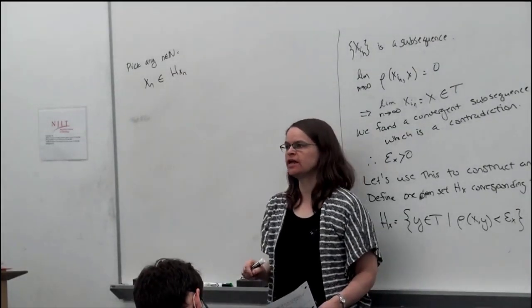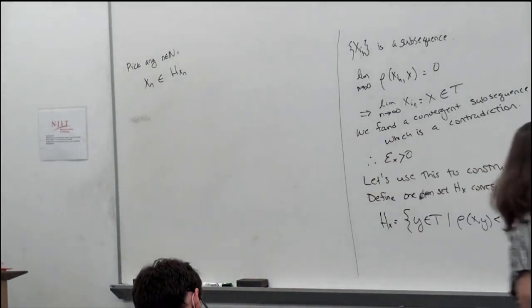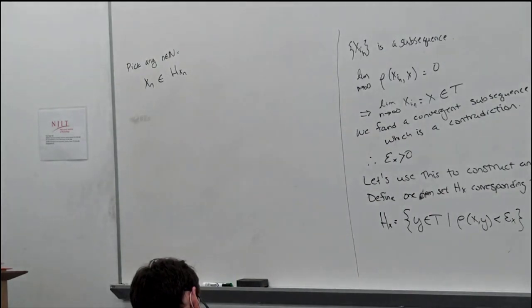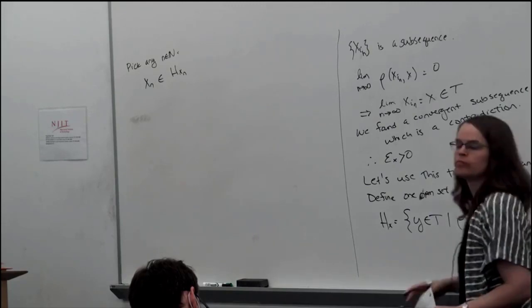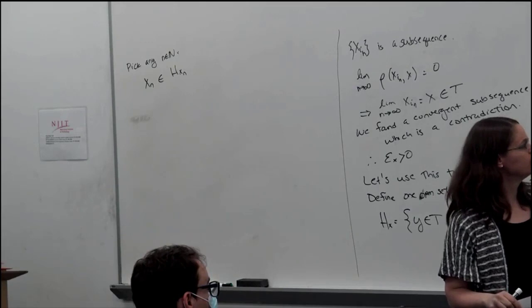But it doesn't belong to any of these other open sets, right? By design, we've made sure that none of these other radii are allowed to hit points in my sequence, right? So what's the smallest possible distance to anything in my sequence? That's our radius. So this ball contains xn, it can't contain any other point in the sequence.